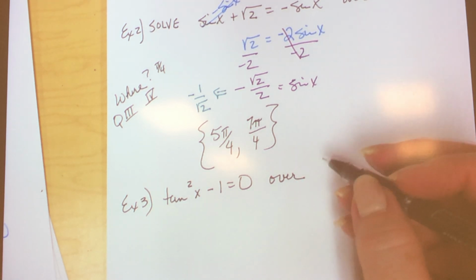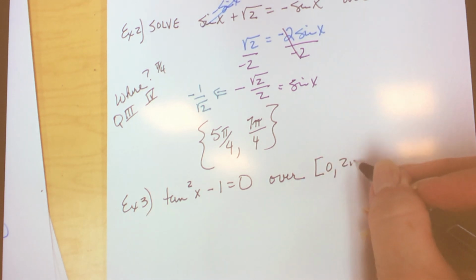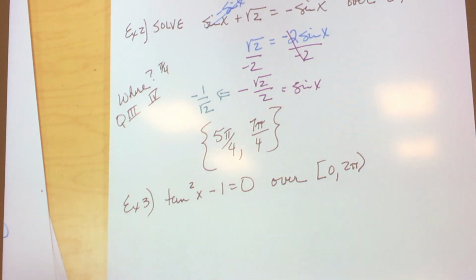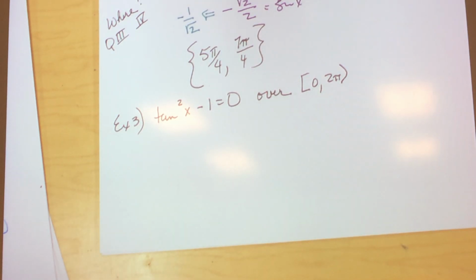Square. Now if nothing else, solve for what? Tangent. Not tan squared, but tangent. Okay, so I'll give you a minute.